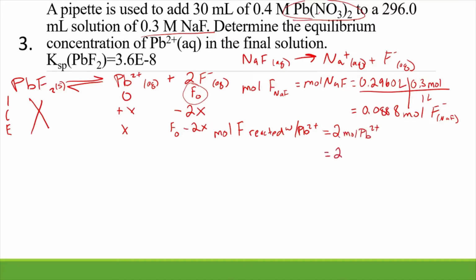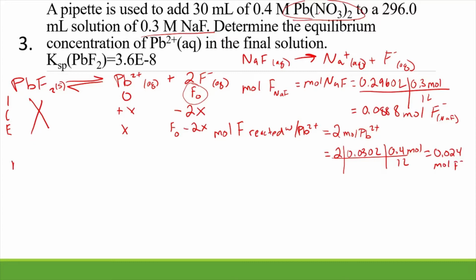That's 2 times 0.030 liters from the solution that the lead's in times 0.4 moles per 1 liter. That gives us 0.024 moles of fluoride that has now reacted.